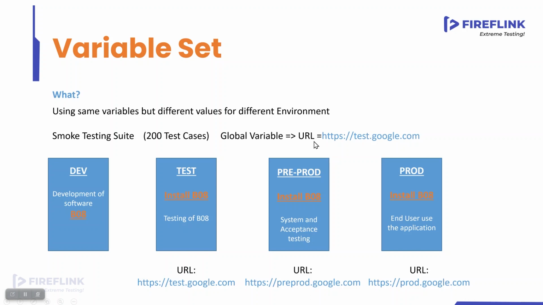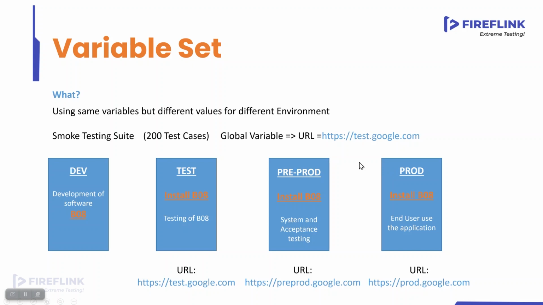Now, what is the problem here? If only the URL is going to change across the 3 different servers or environments, then we can use this approach. We can change the URL and run it in different environments. But say, for example, the username and password are also changing, and a set of 20 data is there. These 20 data will be different for the test environment, pre-prod environment, and production environment.